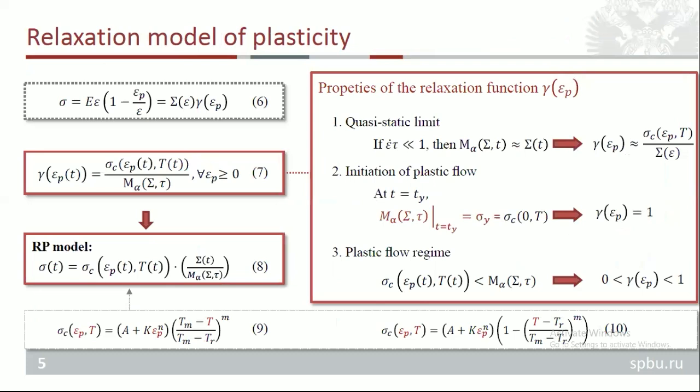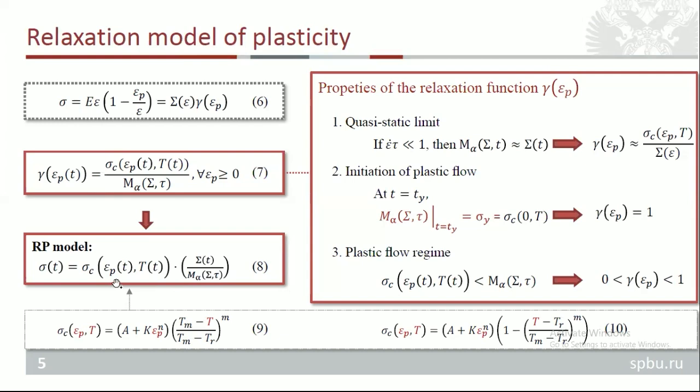Later, we proposed the relaxation model of plasticity based on that integral yield criterion. So in this context, we have equation 6, which calculates the true stress, and also expression 7 determining this function gamma, which is the relaxation function. And most importantly, it involves this function M alpha, which includes the relaxation time parameter tau. So finally, we can derive the RP model, the relaxation model of plasticity, in the form 8, where again we have two multipliers.